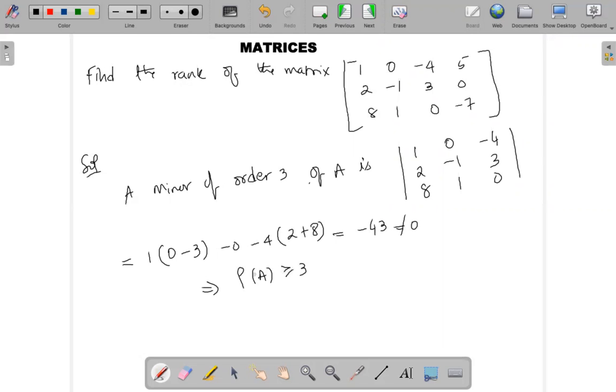Also here, since the order is 3 by 4, we also know that the rank of this is less than or equal to 3, and therefore we can say that the rank of A is equal to 3.